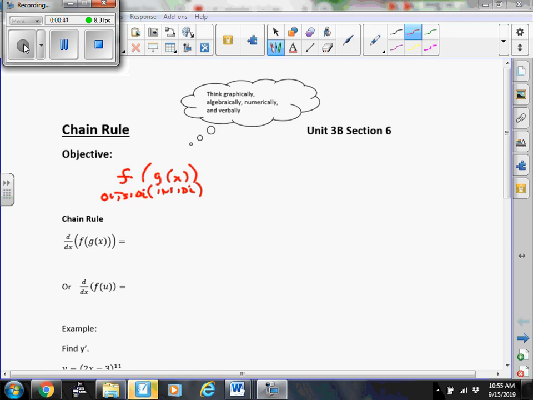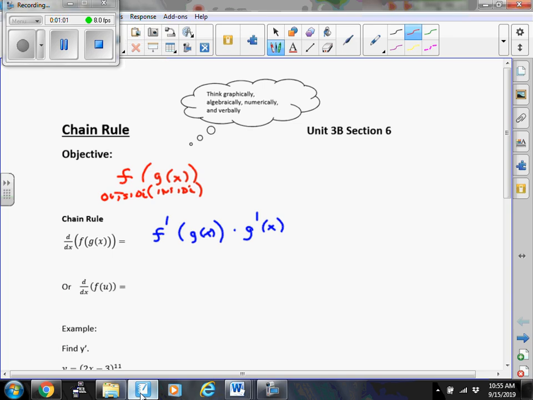So now the general rule is you take the derivative of the outside, keep the g of x inside, you don't change that, times the derivative of the inside.